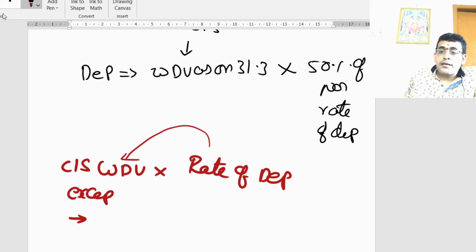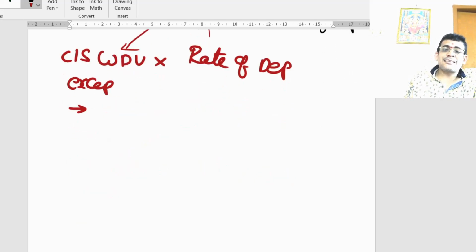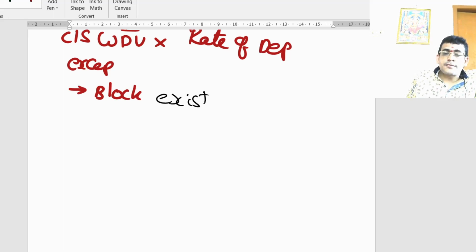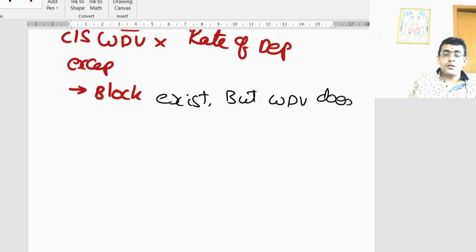First case. Let us see the first case and discuss this with a small example so that you can easily understand. What is the first case here? Block exists, but WDV does not exist. Block is existing, but WDV does not exist. Then we'll consider it the first case.